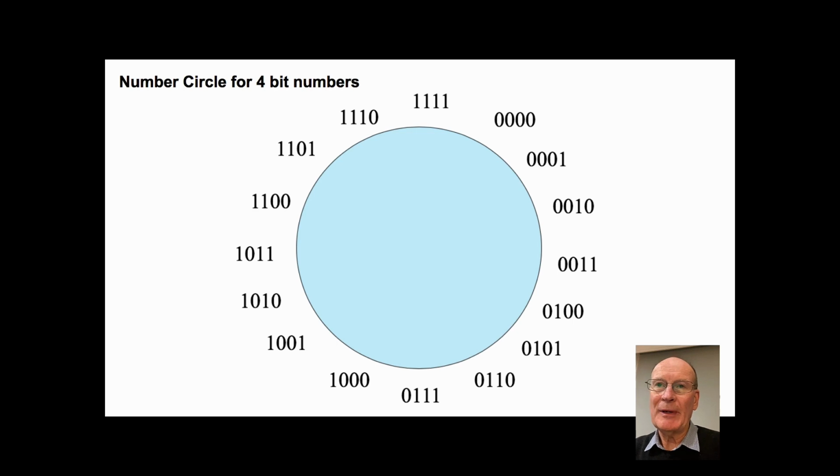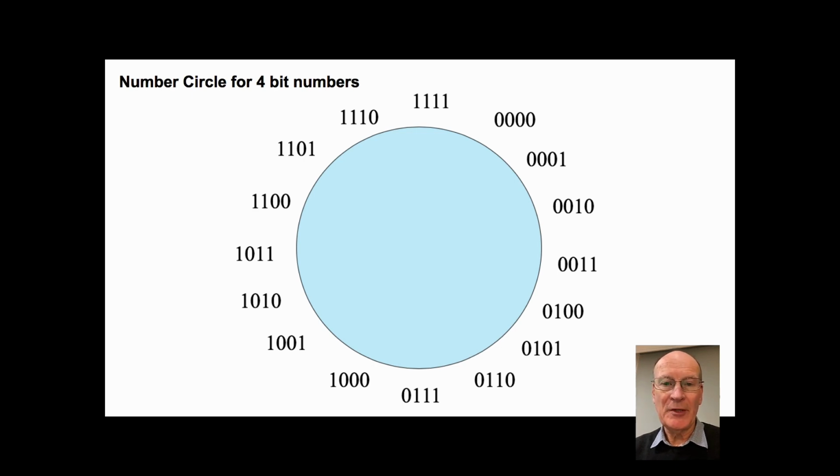Okay, to explain some of these other number representations that we can use for representing positive and negative numbers, let's introduce something called the number circle. We'll only do it for 4 bits to make it a little bit easier. But let's say we have a 4-bit number and we write the values, the patterns that can be represented around a circle.